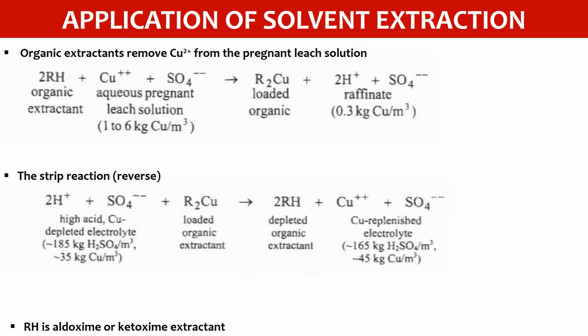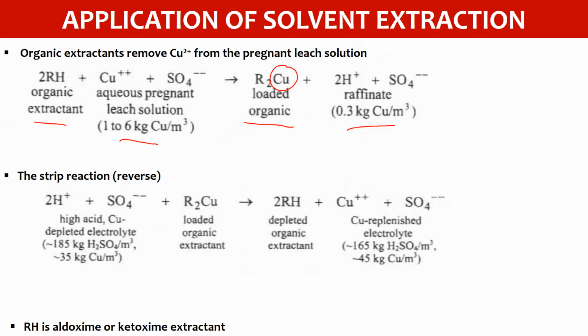In terms of the equations, we've got your organic extractant here, and then the aqueous pregnant leach solution, 1.6, and then you've got your raffinate lean solution on the right of the equation, 0.3, and then the organic is now loaded with your copper. Okay.